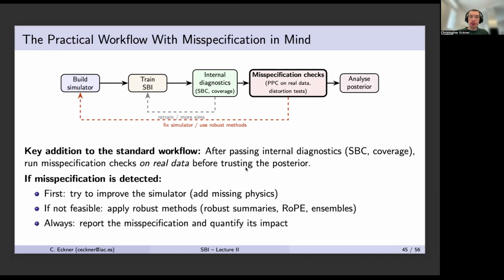Perform the standard diagnostic checks that at least validate the calibration of your posteriors, and then afterwards, also do predictive checks, comparing simulated data to real data, looking for the necessity of misspecification checks.